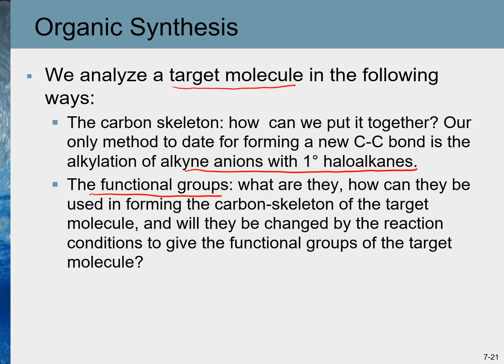So once we analyze the target molecule, we know how many carbons are needed in its skeletal structure, and we know what kind of functional groups are needed. Then we work backwards and plan for the starting material which will be capable of giving us that target molecule.